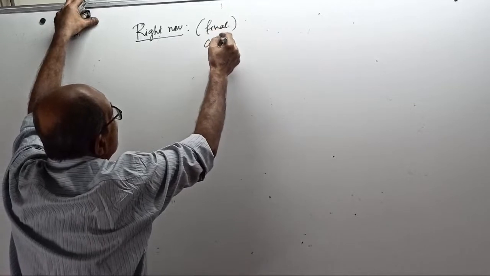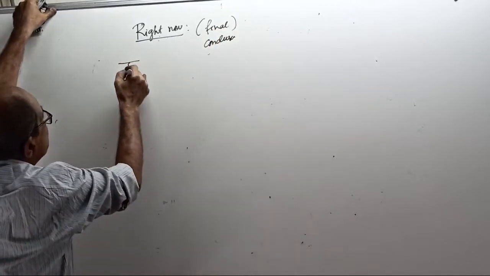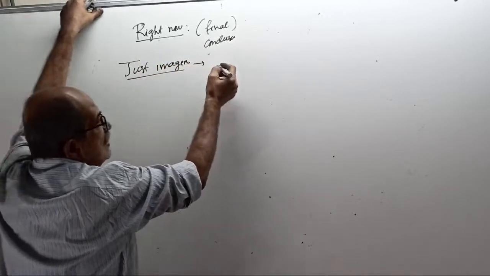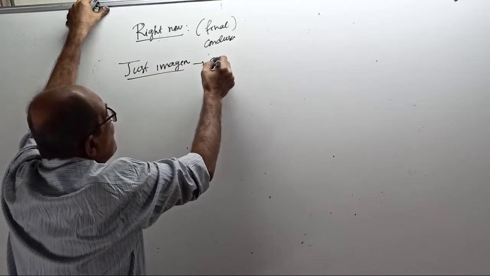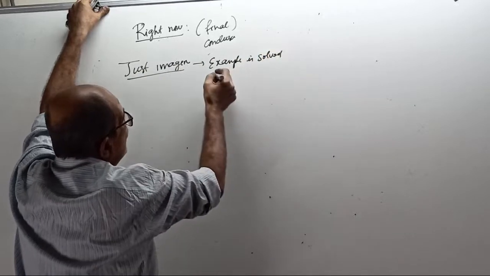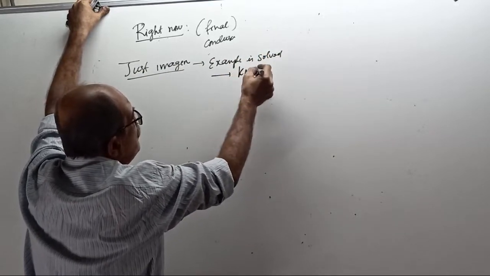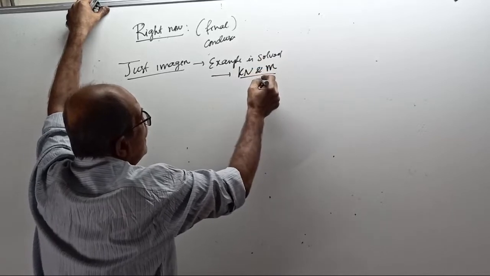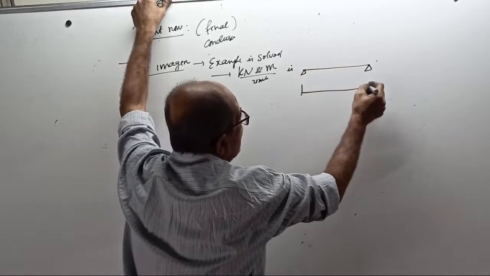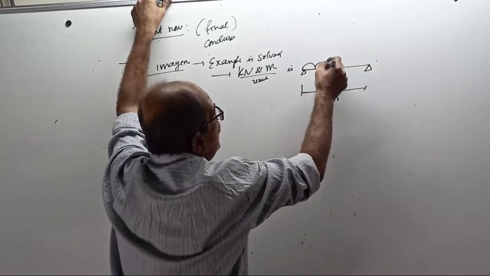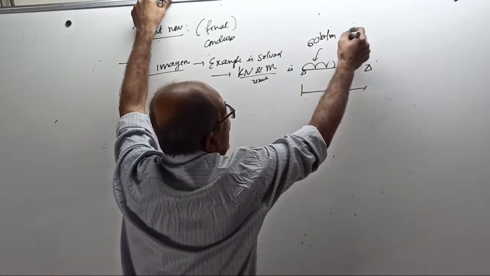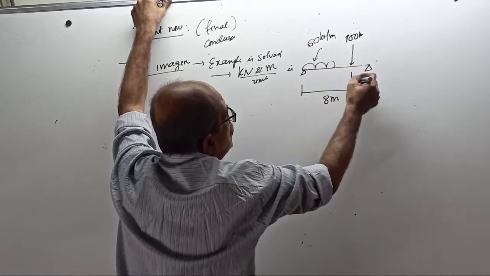Final conclusion. Just imagine, the example is solved in kilonewton and meter units. Like, maybe a beam of span, say, 8 meter, loaded by a UDL of 60 kilonewton per meter and a point load of 100 kilonewton at a distance of 2 meter from here.